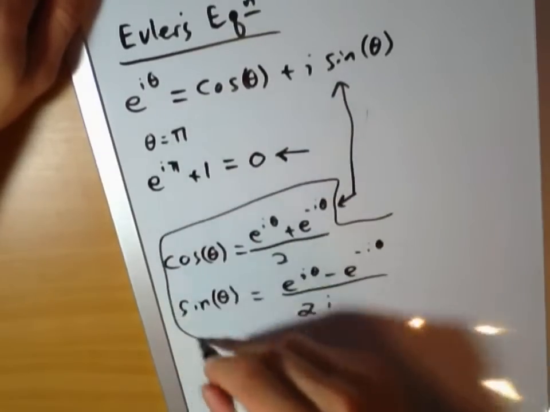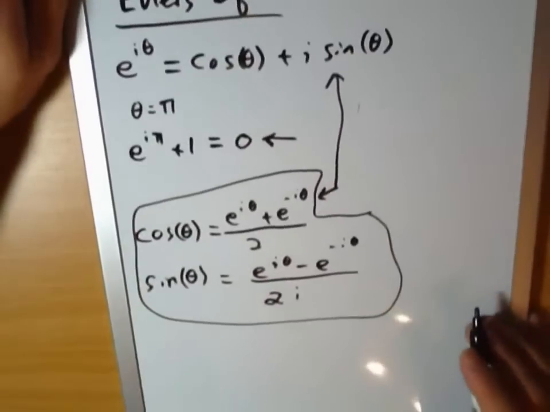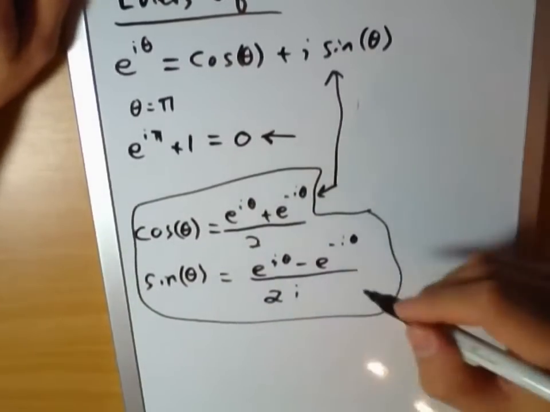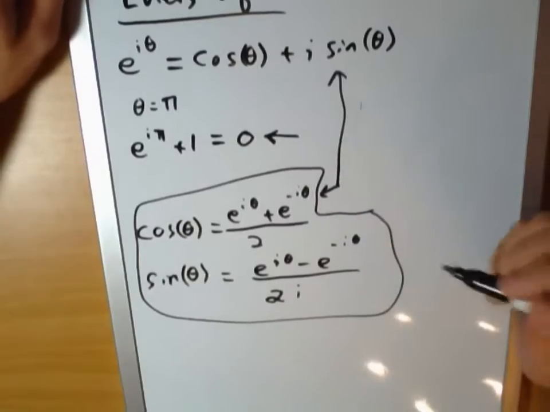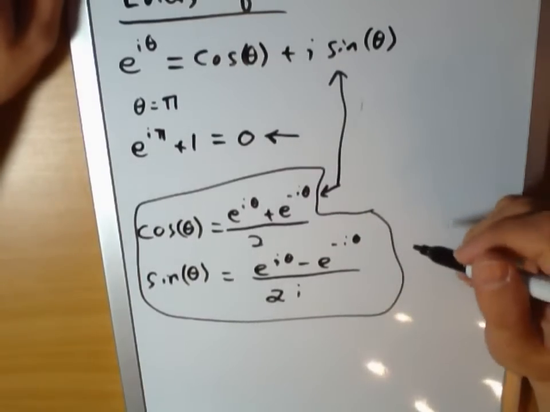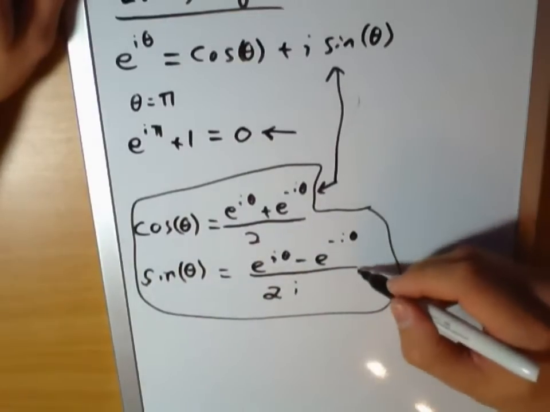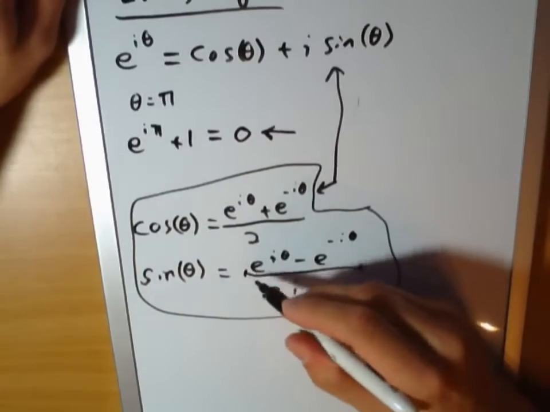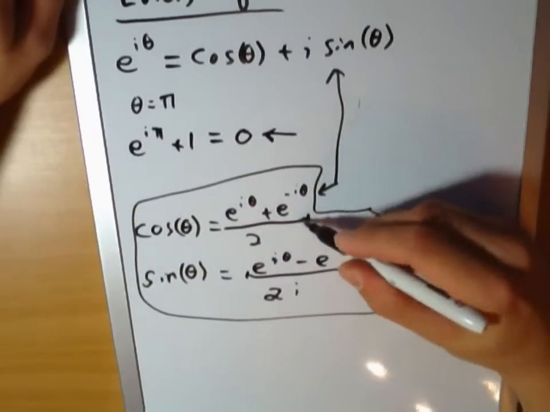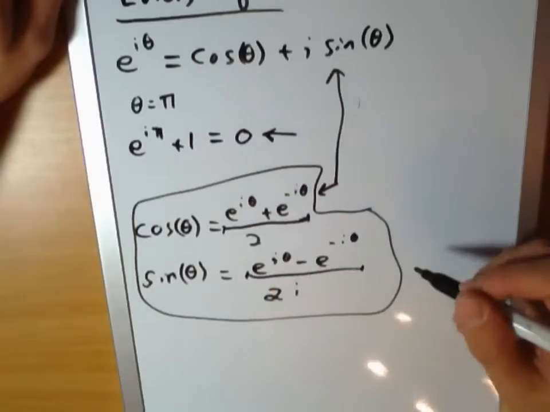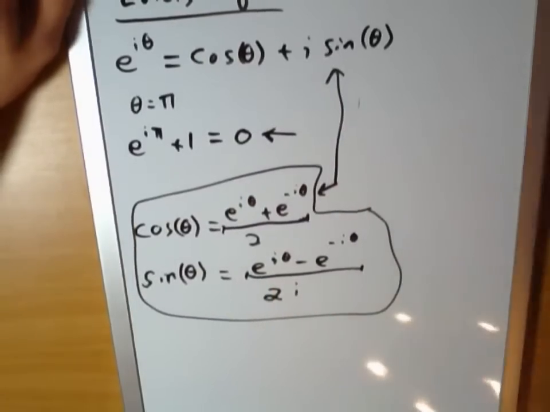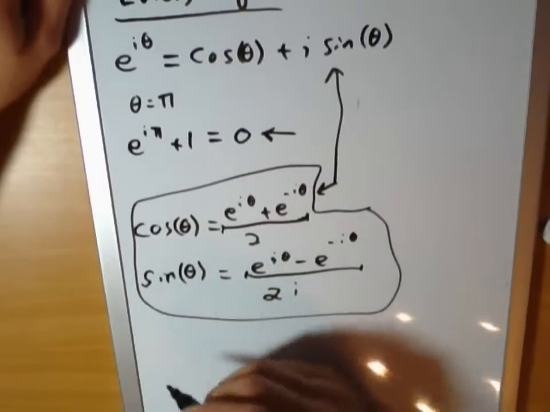These are identities for sine and cosine coming from Euler's identity. And these are super useful. Keep these in mind if you go into calculus and you're trying to solve a tough integral that has sines and cosines in it. You can use these identities a lot of times to help you. It's much easier to manipulate exponentials than it is sines and cosines, is all I'm trying to say. So if you keep those in mind, that'll be helpful.